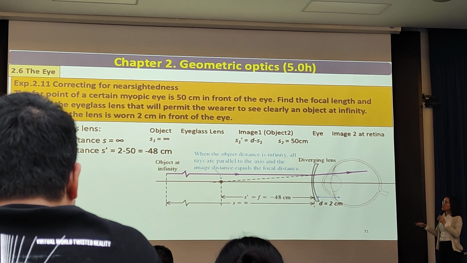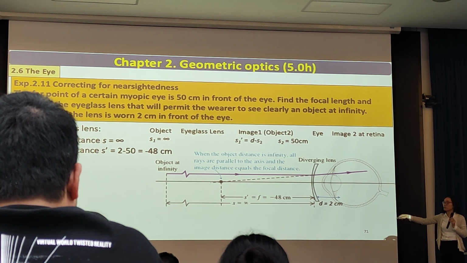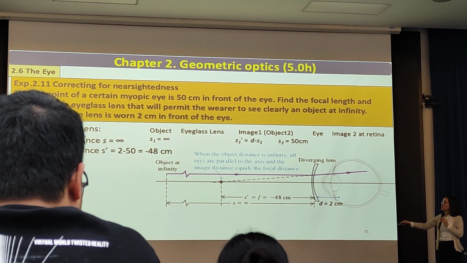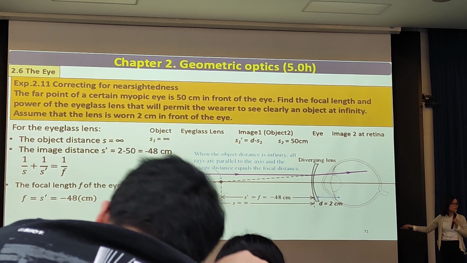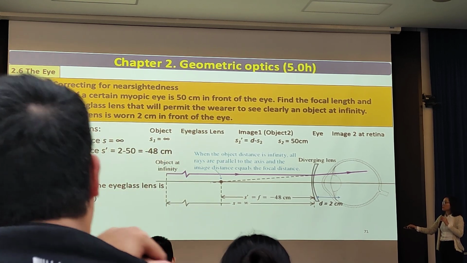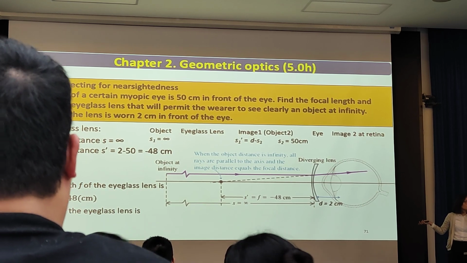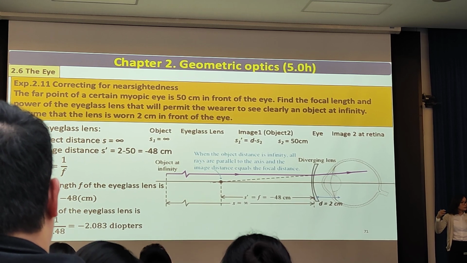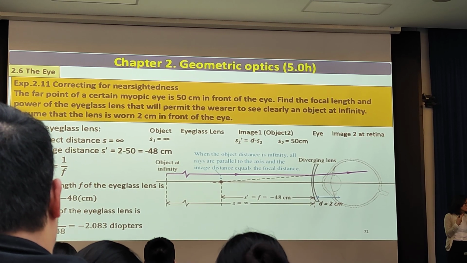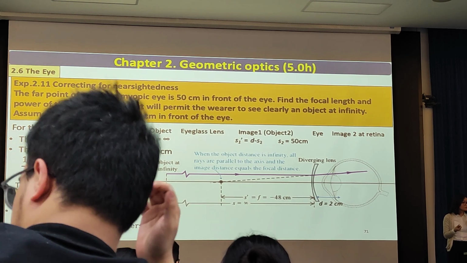The image distance S prime equals D minus S2, so 2 minus 50 equal to minus 48 centimeter. So you can find the focal length F equal to S prime equal to minus 48 centimeter. And for the power, just convert the focal length from centimeter into meter, and then find the value of the power. So now you understand how you can correct the myopic and hyperopic eyes, right?